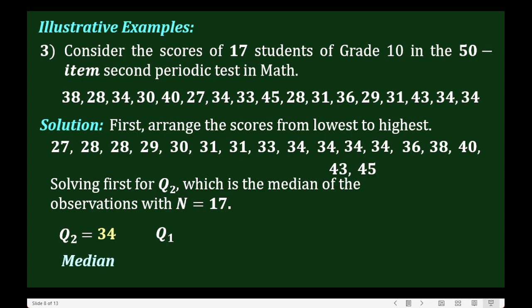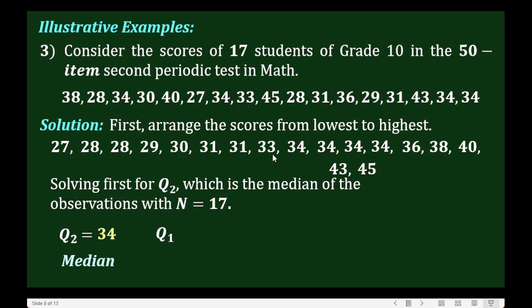So for the first quartile or the lower quartile, that can be found from the fourth and the fifth position. Okay, so on the left side of the median 34, there are 8 data.